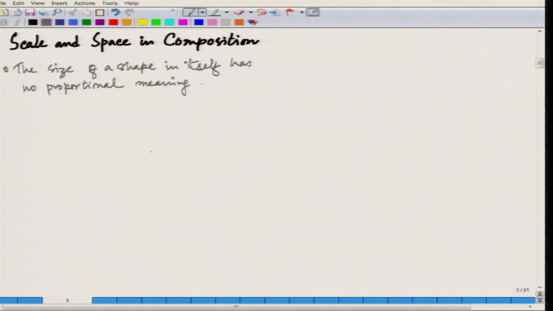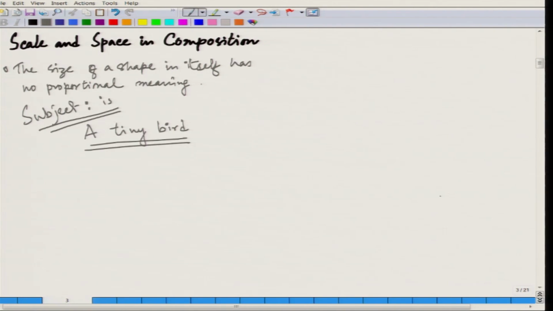So, it is more like if we say our subject matter of a picture is to draw a tiny bird. How will you draw a tiny bird without a relativity?